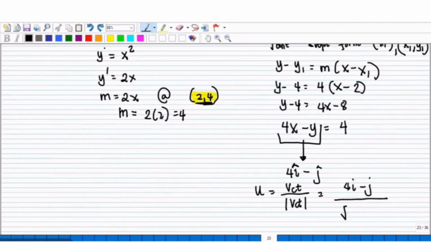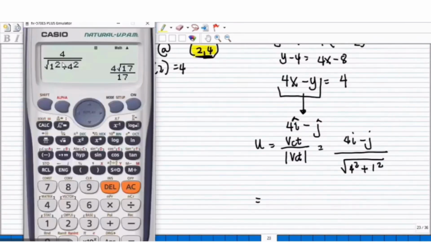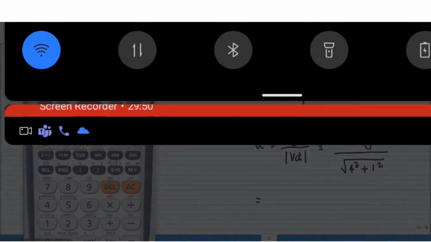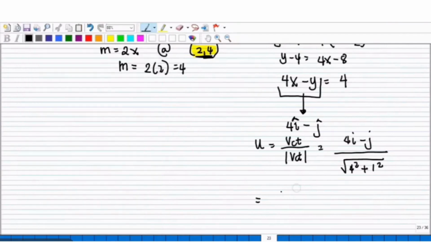So, that is the square root of 4 squared plus 1 squared. So, therefore, this is what? 1 squared plus 4 squared. So, this is equal to 4 square root of 17 all over 17. Or that is 4 over square root of 17 times I.